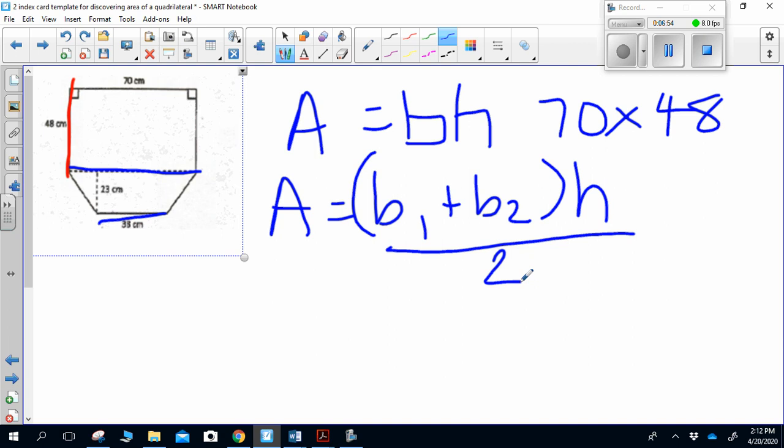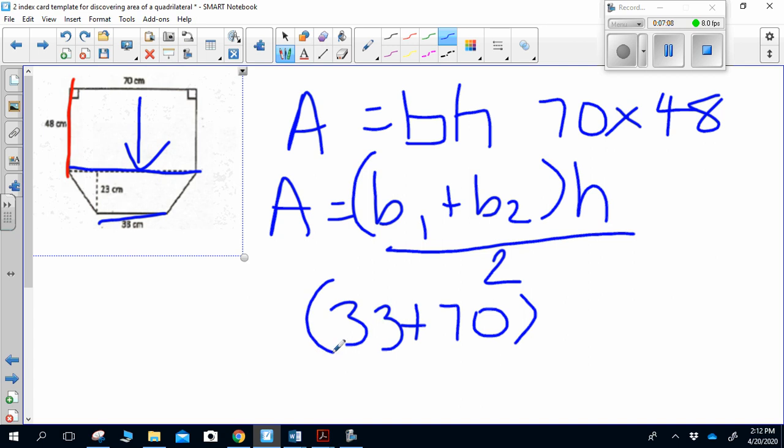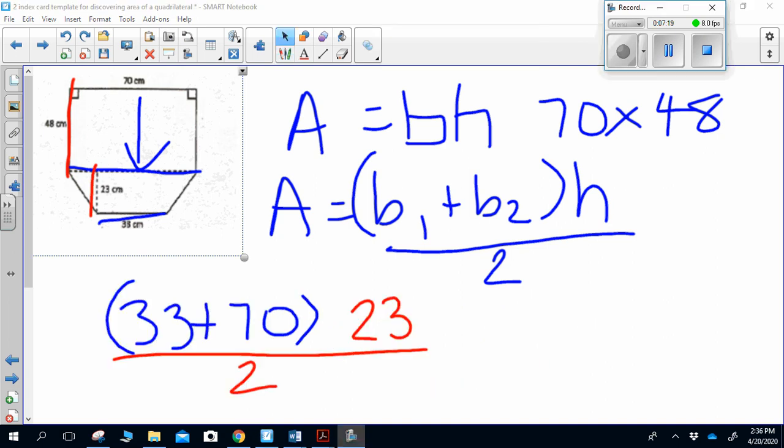So B1 is 33 plus 70, because this distance here, that's my base, so that's 103, times my height. So the height of my trapezoid is 23, all divided by 2. So the first thing that I did was add the 33 and the 70, which gave me 103.